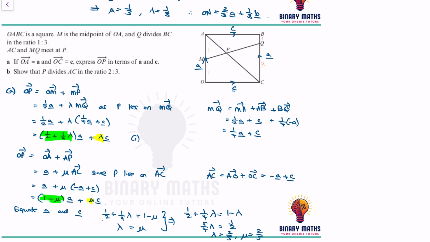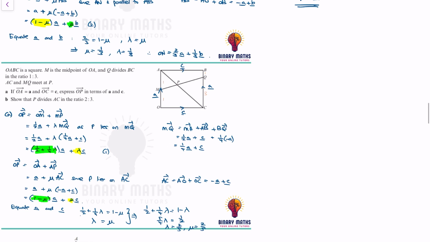So what we're trying to find is O to P, which means O to P will be equal to, if I use the second equation, 1 minus mu times A plus mu times C. So it's going to be 1 minus 2 over 5 times A plus 2 over 5 times C, which is equal to 3 over 5 A plus 2 over 5 C.